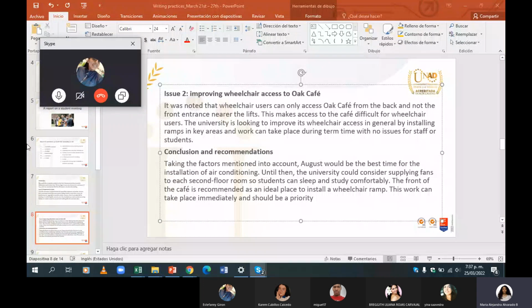Yeah, that's right. Wheelchair is silla de ruedas. Do you have any question related with this part of the reading? No? Is that clear for you? Okay, let's move on.